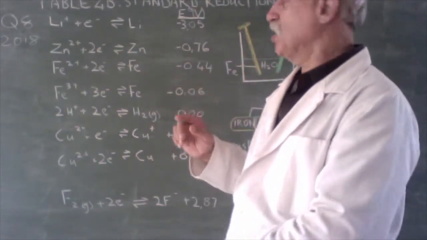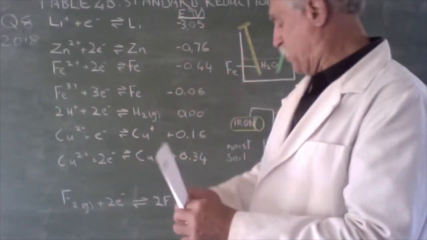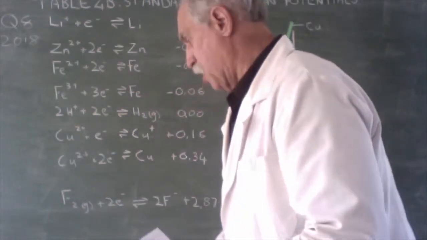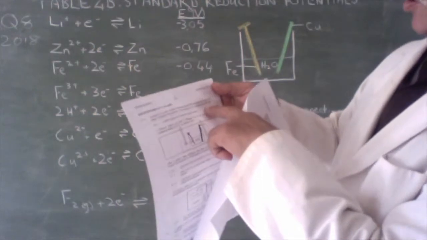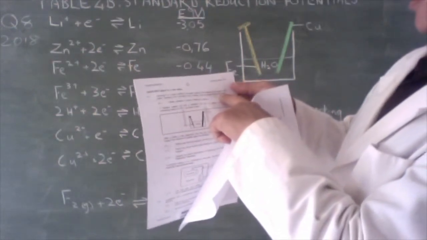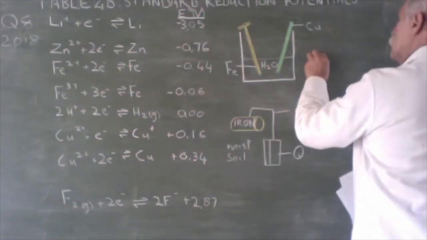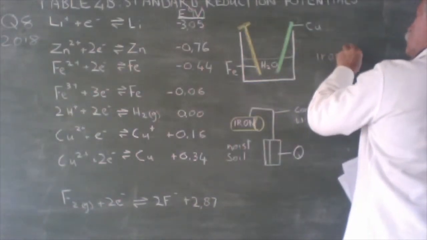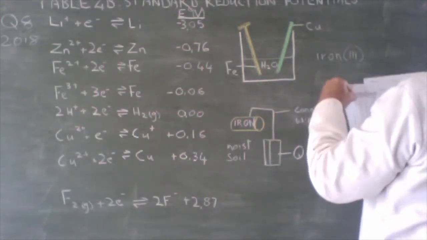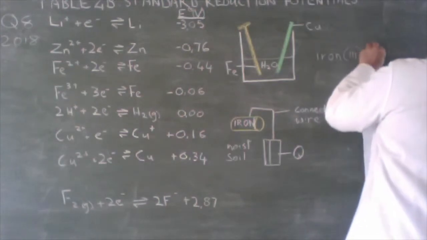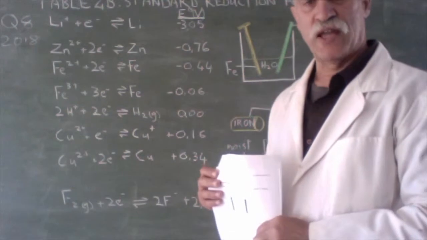They don't tell us which one, but they do give us a hint by saying in this question that it forms iron 3 ions. Now there's the hint. That means ions with a valency of 3.